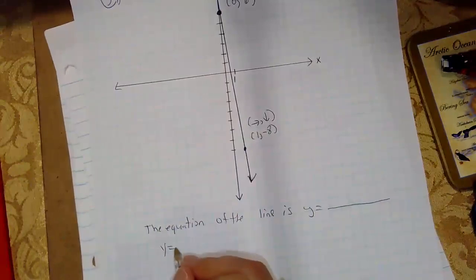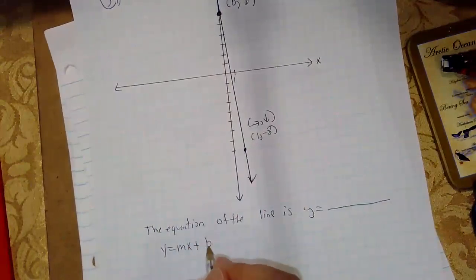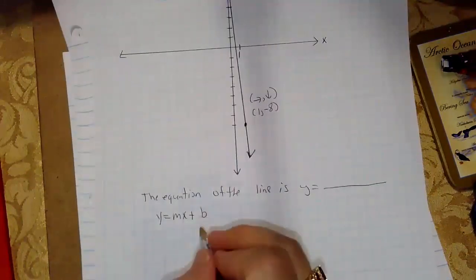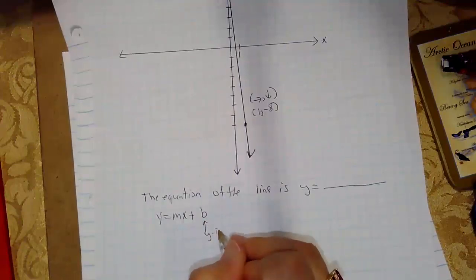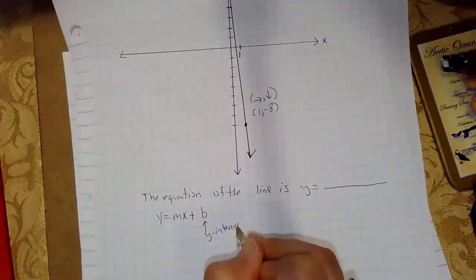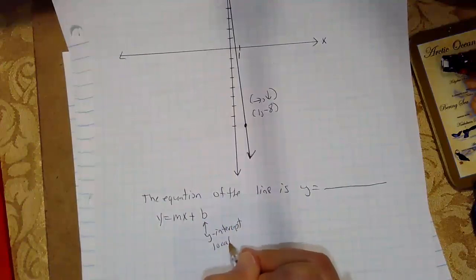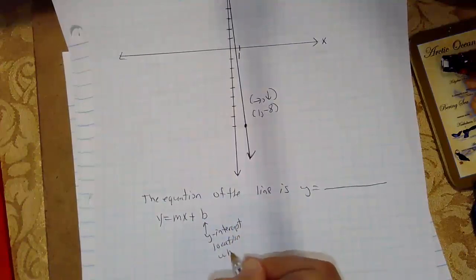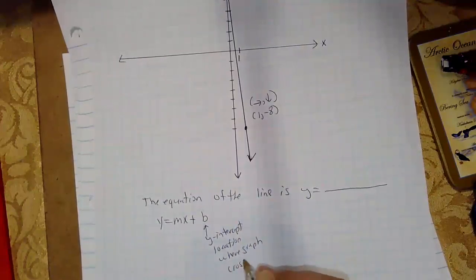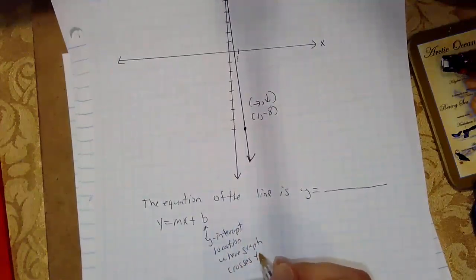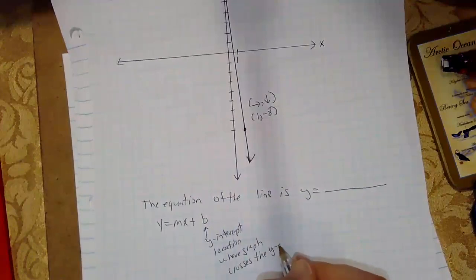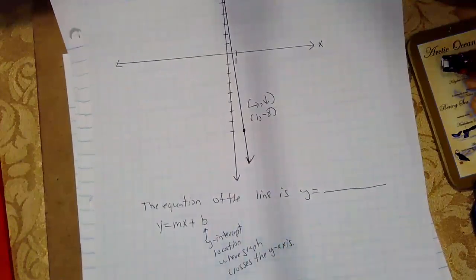Okay, so I know y equals mx plus b. So I think the easy part is probably the b, because the b is the y-intercept, which is the location where the graph crosses or intersects the y-axis.